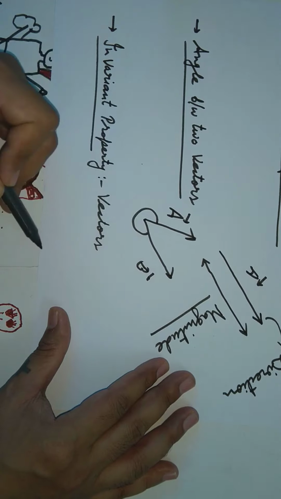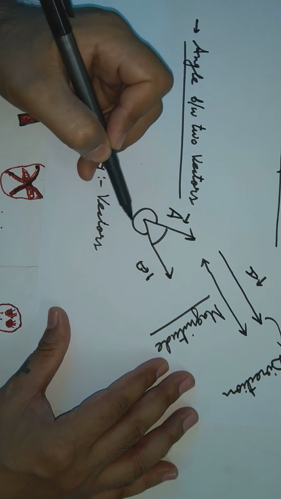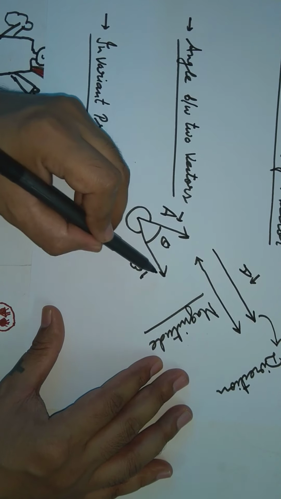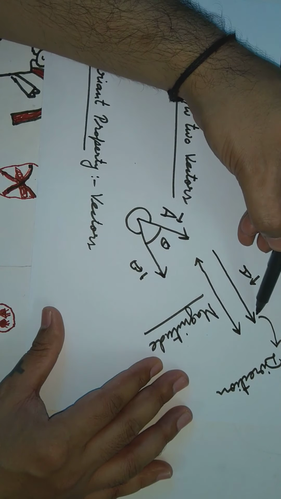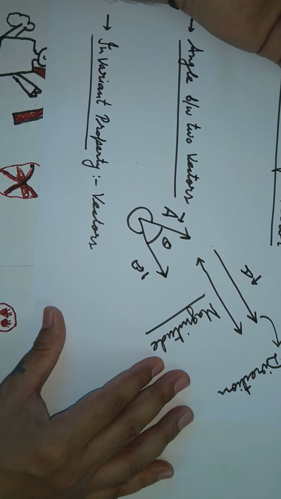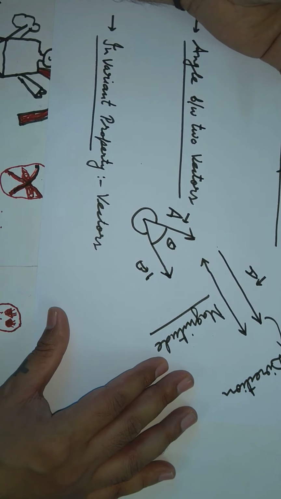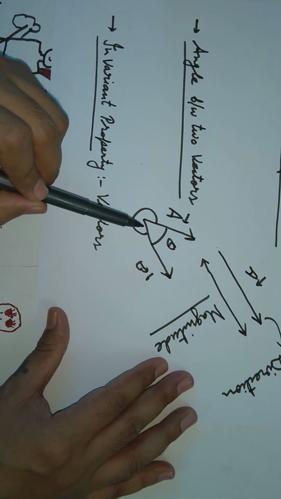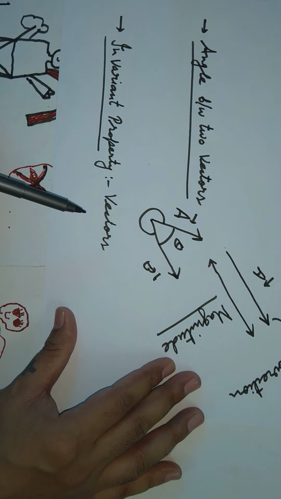One may be this angle and the other may be this angle. So when two vectors are joined tail to tail, where this is called the head of the vector and this is called the tail, then the smaller angle between them is known as the angle between the two vectors.